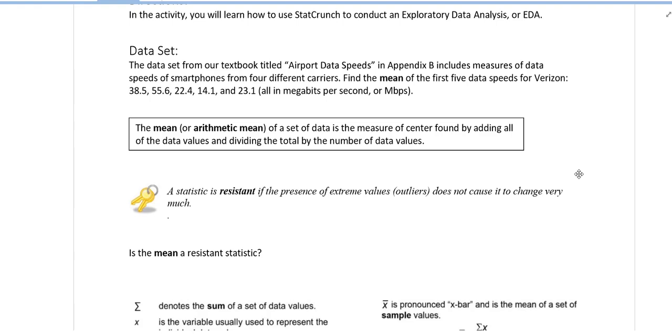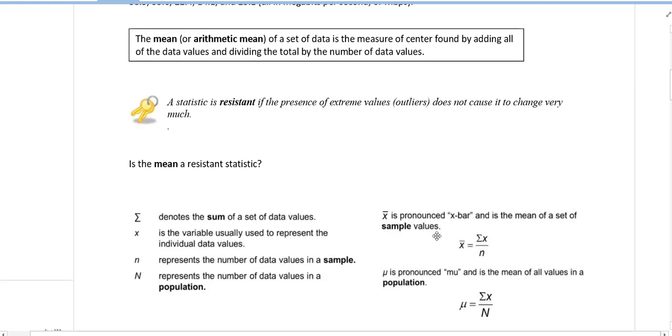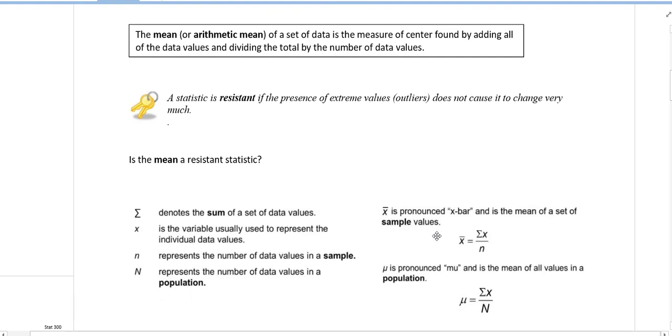Oftentimes this is called the average, but just know that in statistics and any statistical analysis and study of data, we always refer to it as the mean. So let's look at what the notation is. Some things we talk about: a statistic being resistant if the presence of extreme values or outliers does not cause it to change very much.